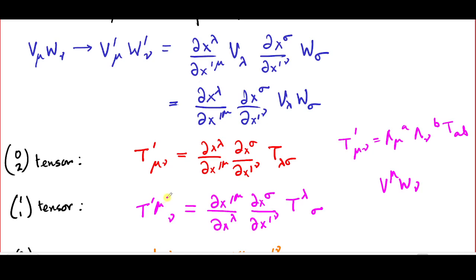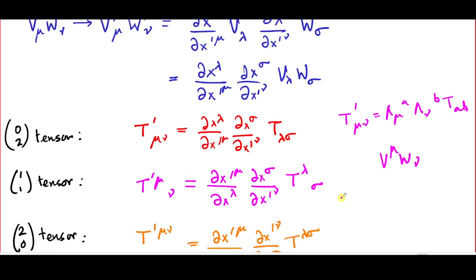The upper index mu here says you will have a del x prime mu here. The lower index nu tells you will have a del x prime nu in the other factor. And then you need to differentiate, that is, you need to complete the derivative with the old coordinates. Now, what you call these indices is up to you, but if you put a lambda down here, you have to have a lambda up here. Put a sigma up here, you have to have a sigma down there.